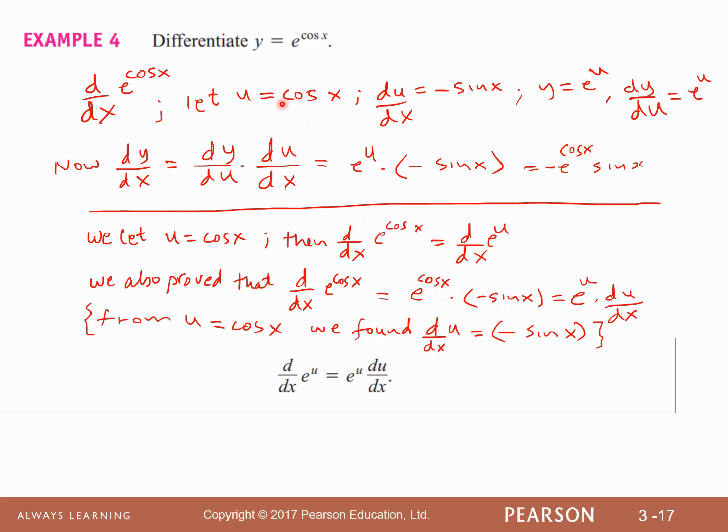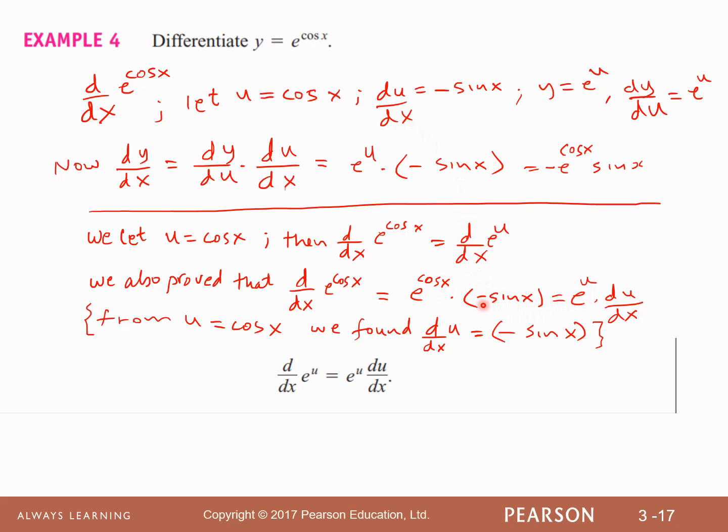Cosine x is equal to u. So we'll change cosine x to u and put it on the right hand side here. So it's e to the u, and we know that negative sine x is nothing but du by dx. So we replace e to the cosine x by e to the power u.